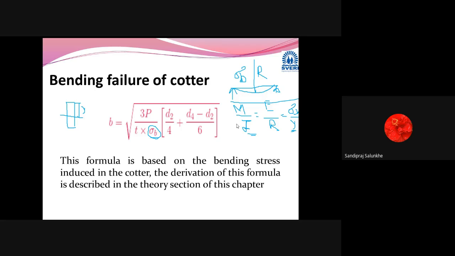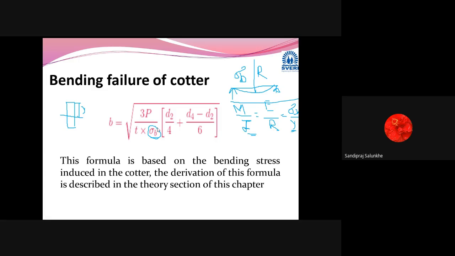By means of this formula, we are going to calculate the value of sigma B, and we are going to put it here. Now forget about how this formula is derived. Just we are going to check this, because it needs a separate, long derivation, which is not actually in the scope of our course. And if you want, I will explain in the next lecture how this formula is derived.